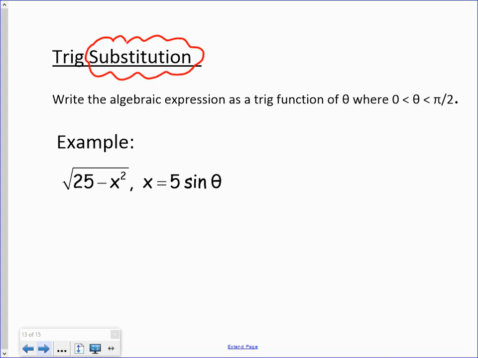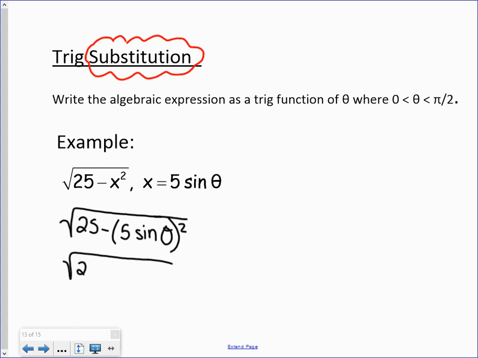So I would start by writing the square root of 25 minus, and then instead of x squared, I would have 5 times sine theta, squared. If you're squaring all of 5 sine theta, then you have to square the sine and the 5, right? So that's really 25 minus 25 sine squared theta.